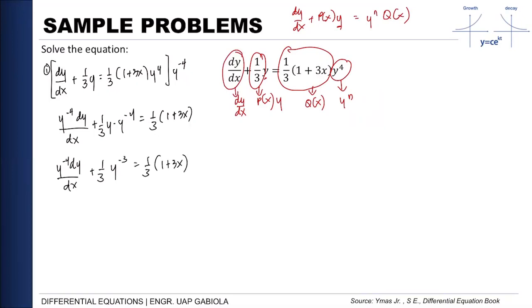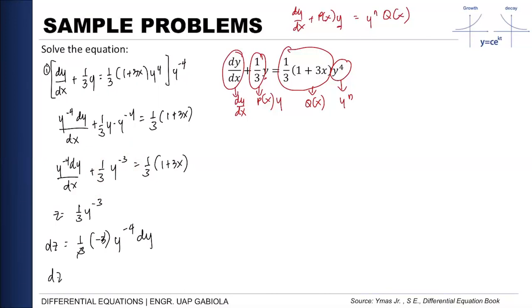Okay? So let's let z be our middle term, 1/3 of y negative 3. When we take its derivative, dz is equals to 1/3 times negative 3 y negative 4 dy. So this cancels.